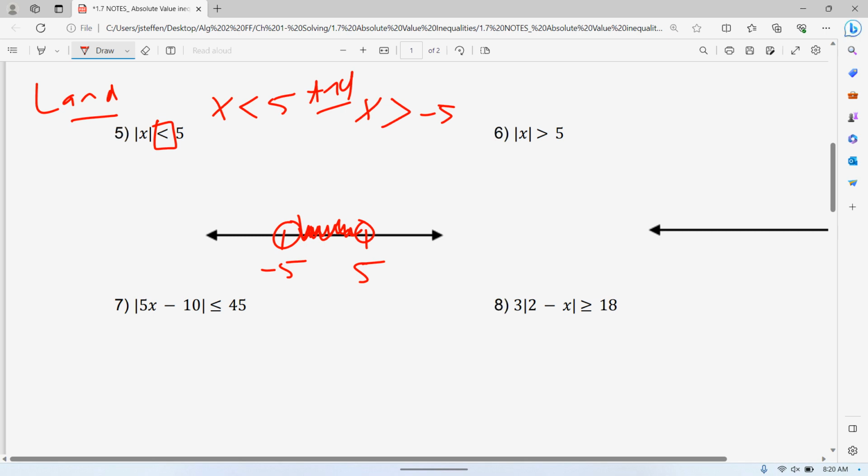Since it's an and problem, that's how your graph is going to look. I will say the land of Gore by itself isn't quite enough, because you still need to solve. But it is a really good way to help check your work a little bit, and it's a bit of a shortcut if you remember it.